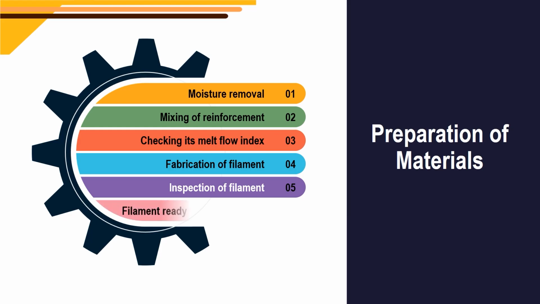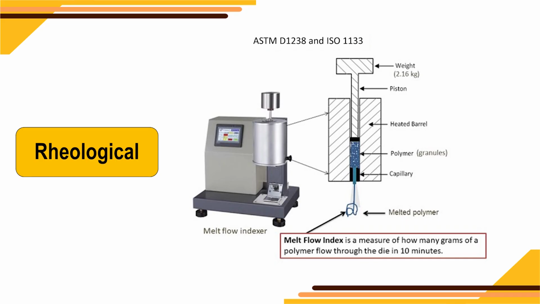So this is the rheological study, like the setup is already clear to you. This is as per ASTM D1238. Also the equivalent standard is ISO 1133. So I put a dead weight, normally 2.16 kg. Then there is a piston.